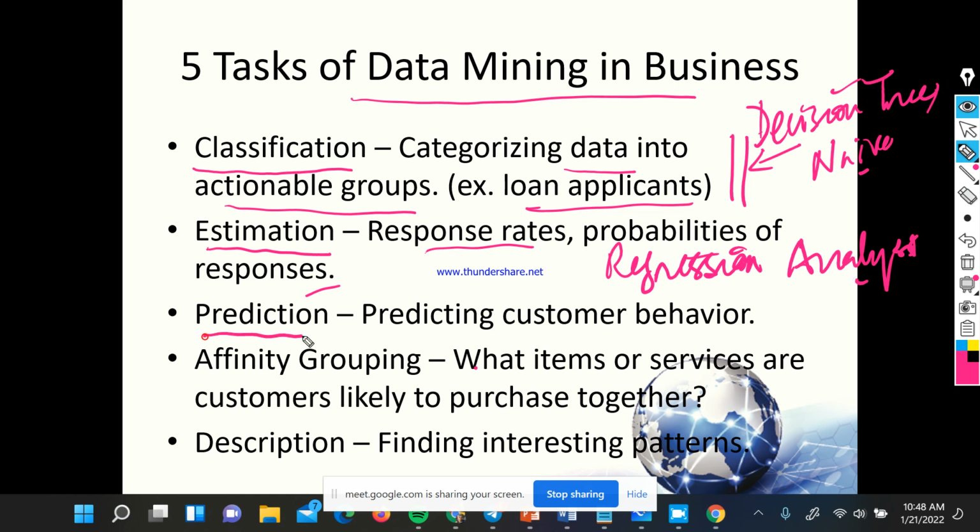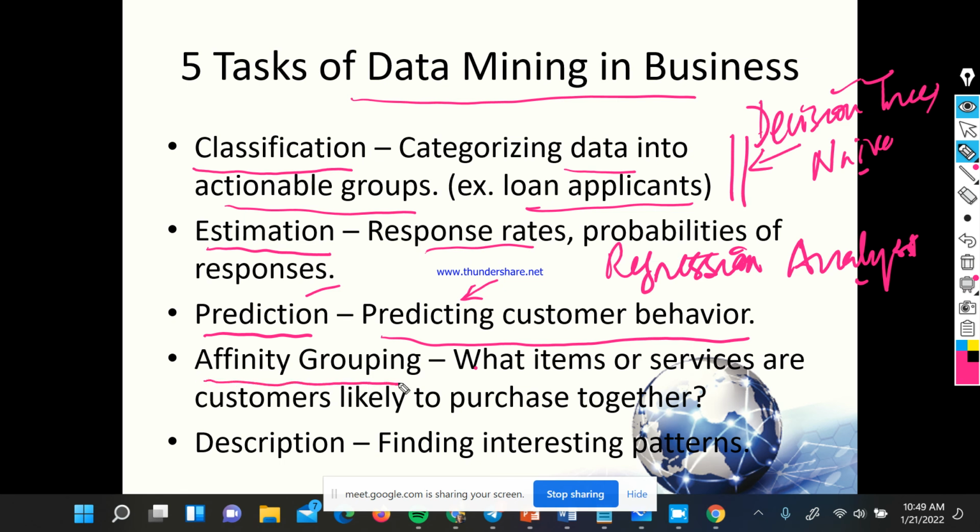We have the third task, which is prediction. We are talking about predicting customer behavior, and sometimes we call it unsupervised learning, like clustering. So prediction is a very important type of data mining task.